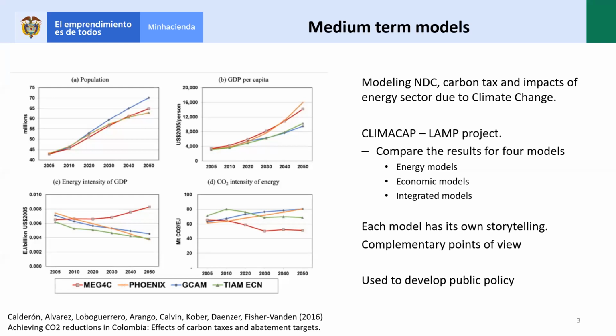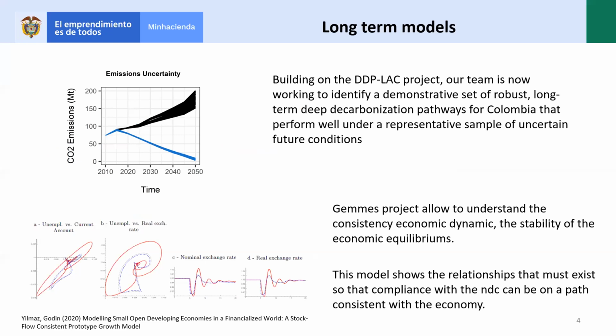But the second question, when we look at the long-term models, the other step is to use the uncertainties as a good way to approach it. This means we are right now working on a GDP lag project, on deep decarbonization pathways for Latin America with the Inter-American Development Bank.